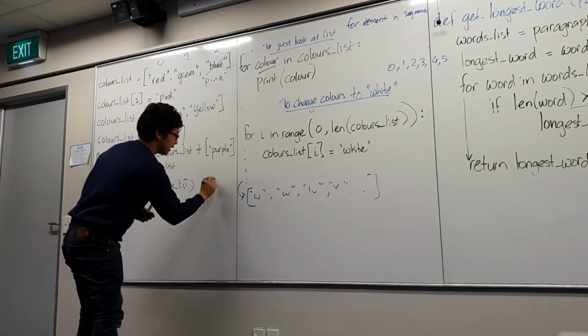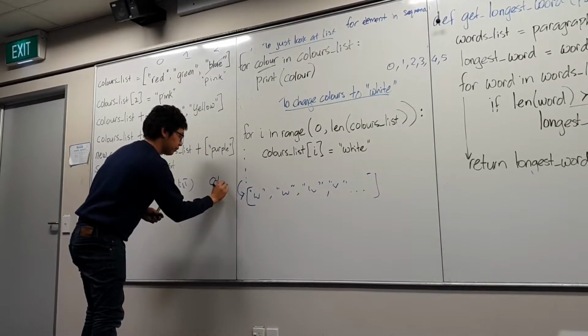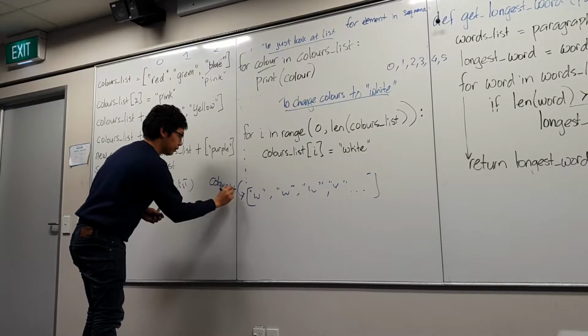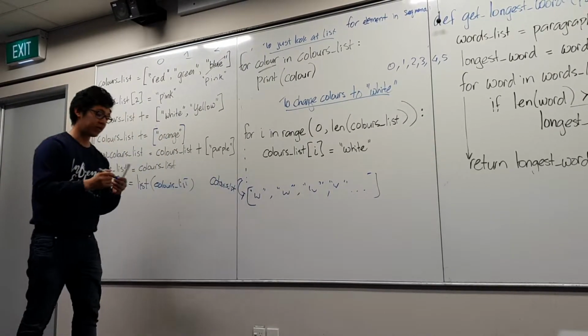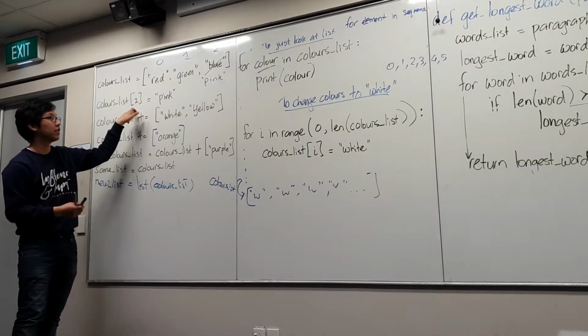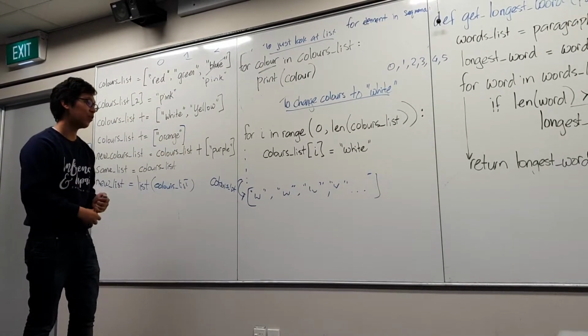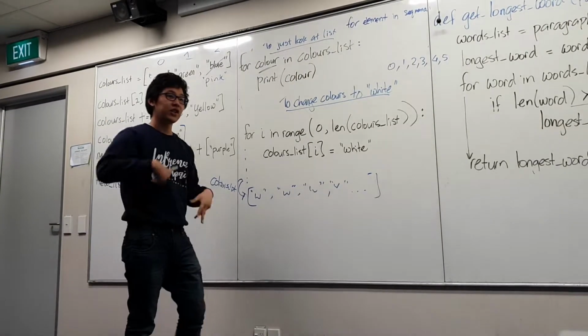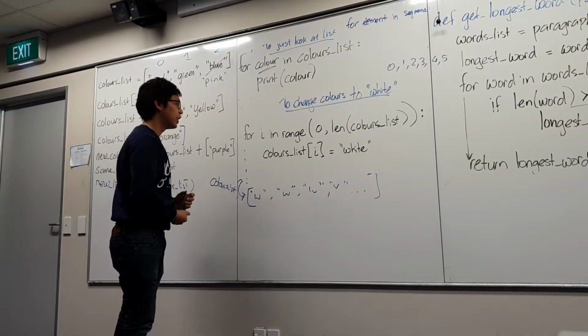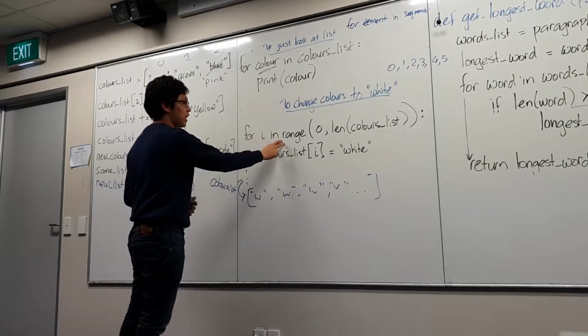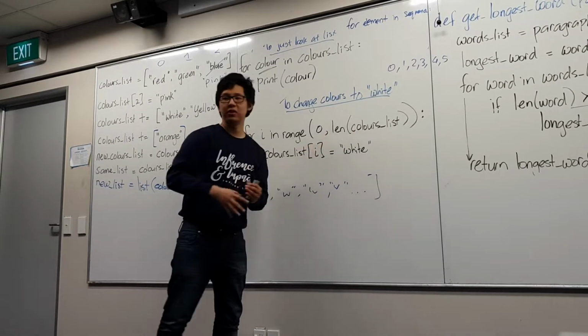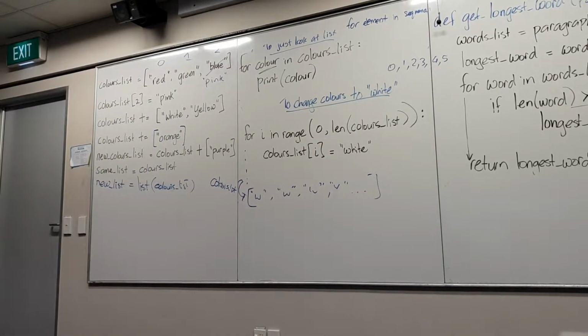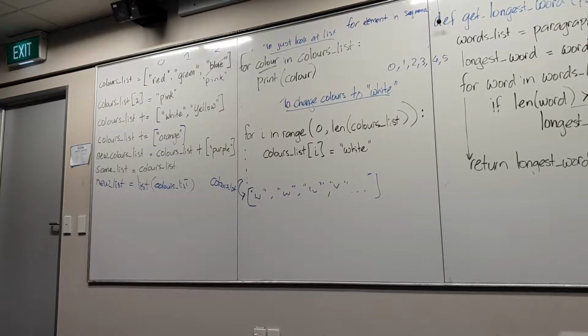And that's what colors list will now be. Because you have changed, the same way that you changed it the first time, all of them now into white. So that's why if you want to actually change the original list that you're working with, you want to use for I in range of the length of your list. Because you want to be able to have all the indices that you need.